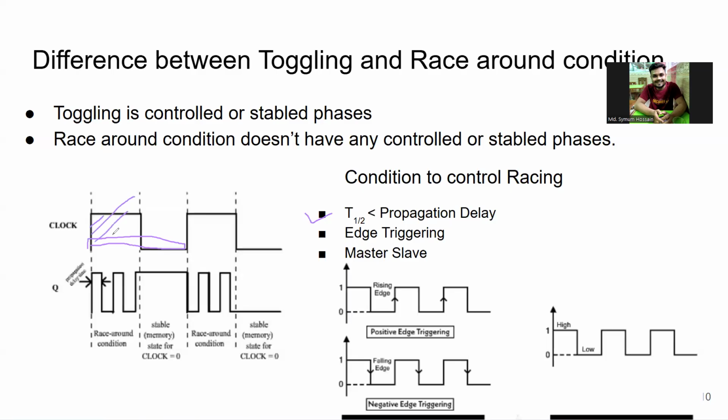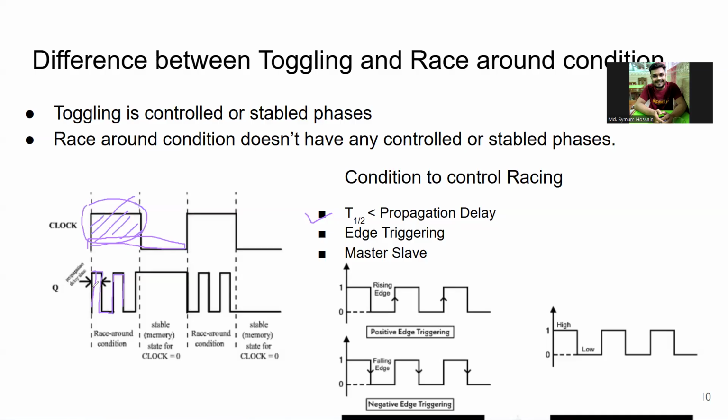Okay. So, when propagation delay is greater than this t half, it means that to generate a single value, like after generating this one, it will try to generate the second one.